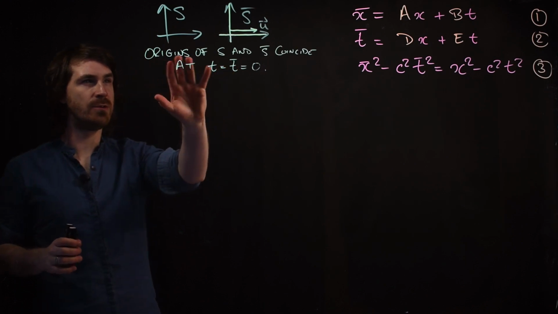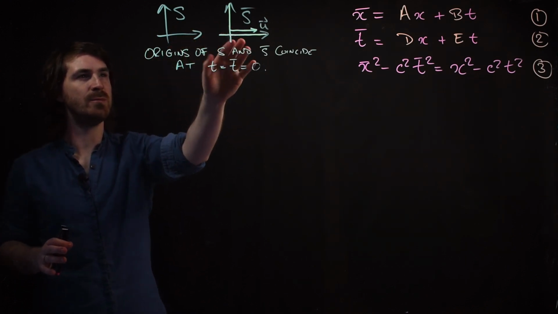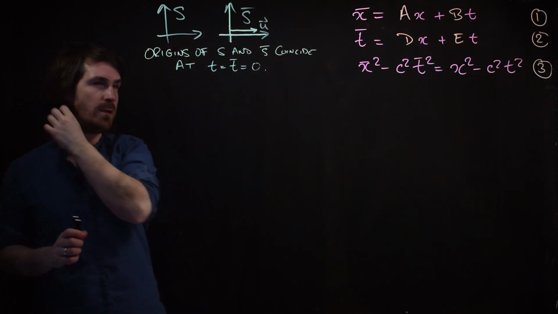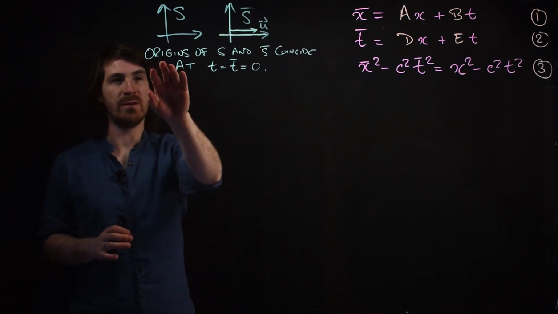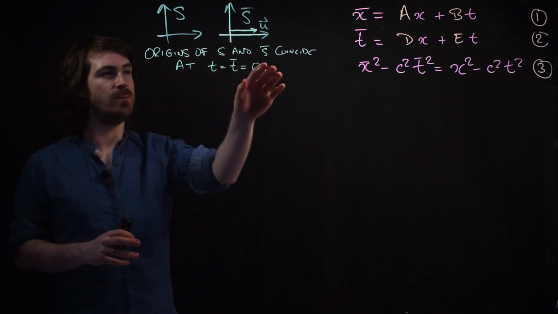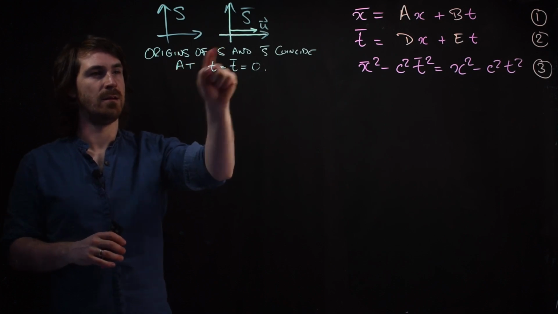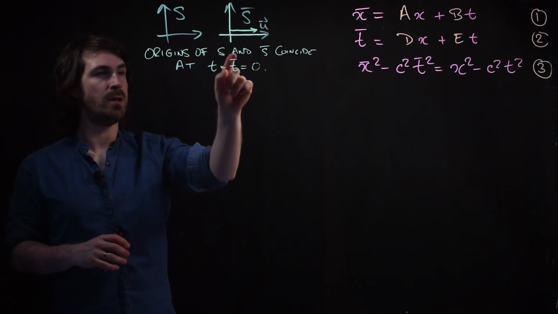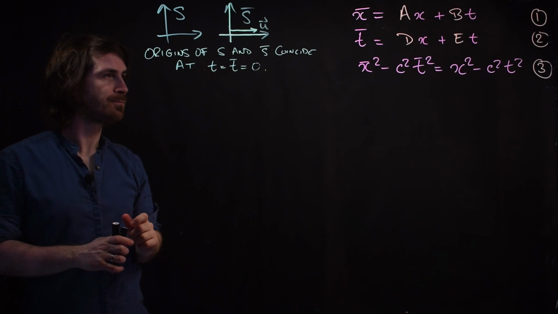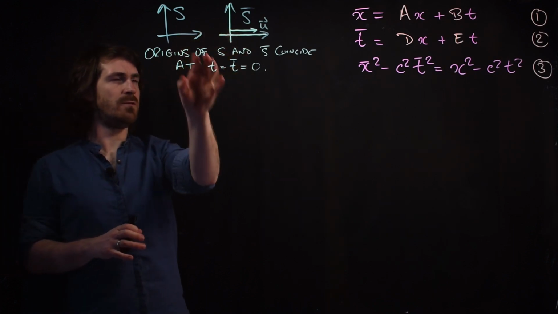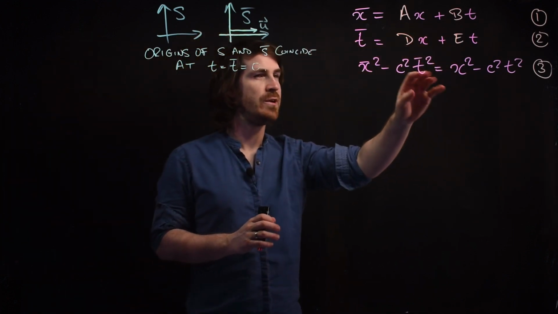So we're thinking about two frames, S and S bar, which is moving away with velocity u. We've said that the origins of these two frames coincide when t equals t bar equals 0. So with this information, we've got our equations.